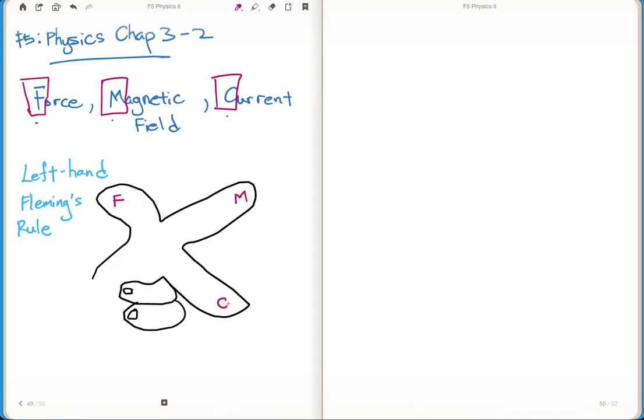So how do you represent it? It's represented this way. Now, this is the direction of force, where the thumb points.